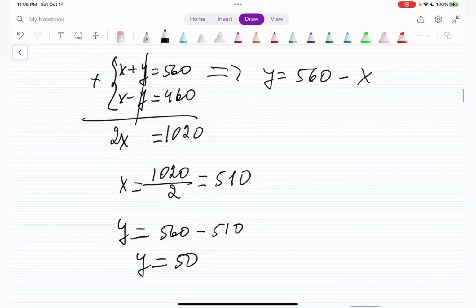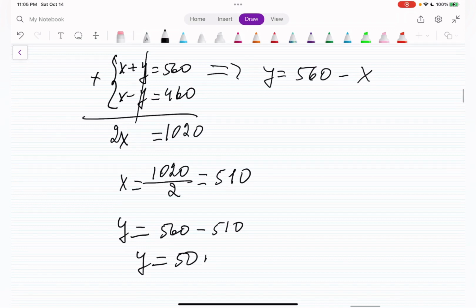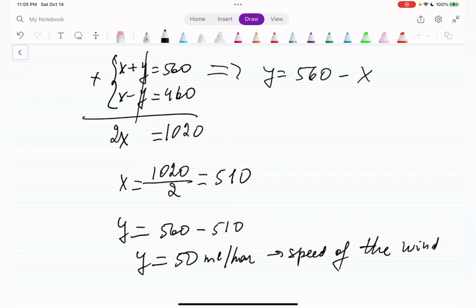This is the speed of the wind in miles per hour.